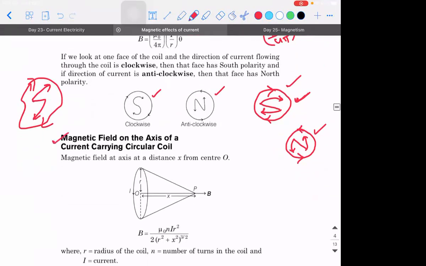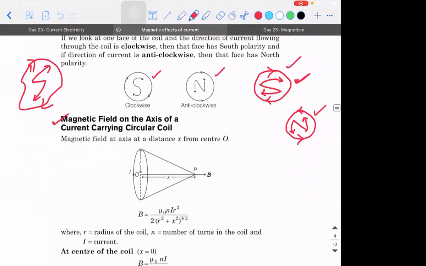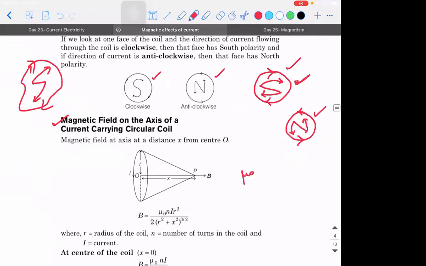Next, magnetic field on the axis of a current carrying circular coil. What is the formula, guys? Mu naught N I. Actually, let's use capital N, because number of turns is always capital N, small n is like number density.